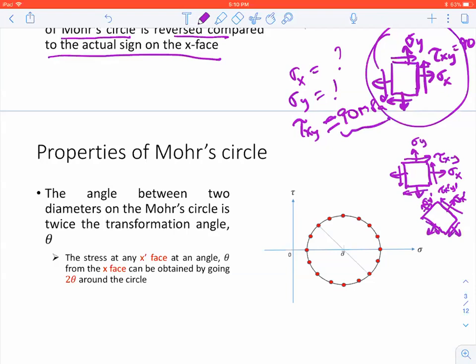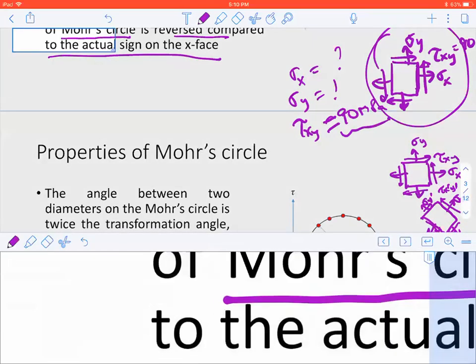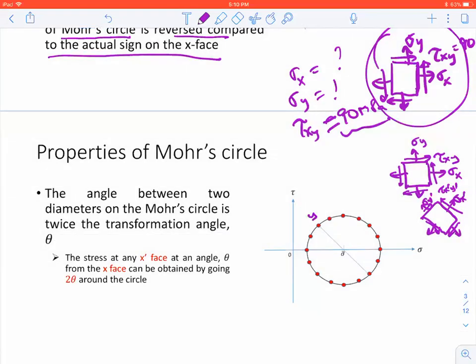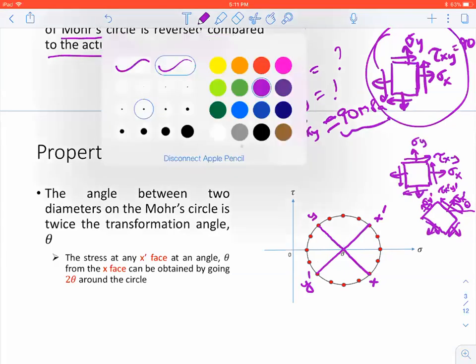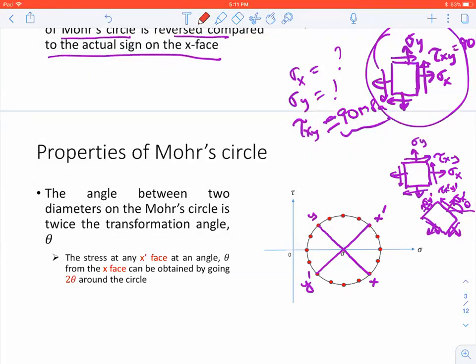So if I draw my X and Y face, say I get something like this. This is my Y face, this is my X face. So I get a diameter, something like this. And say the angle of rotation is theta. When I draw my X prime and Y prime, I'm going to get something like this, for example. So this is going to be my X prime, this is going to be my Y prime. So what is the angle between the two diameters?